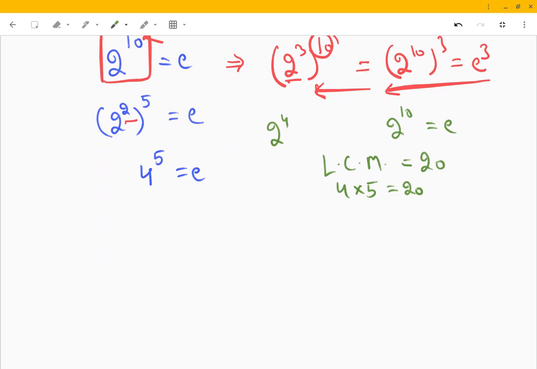So 2 raised to the power 4, raised to the power 5, will be e. Sorry. This will be the order of 2 raised to the power 4.